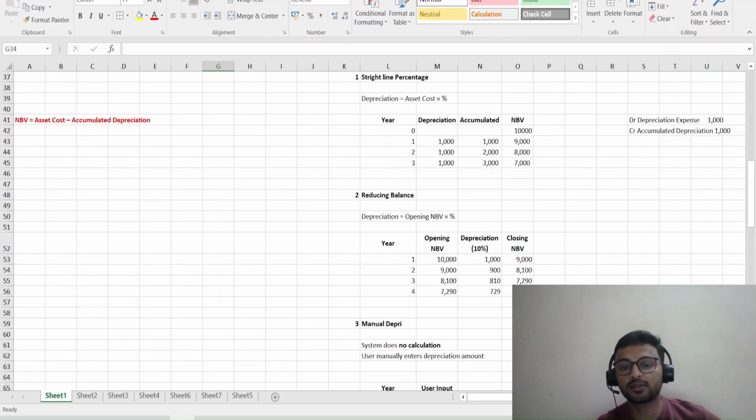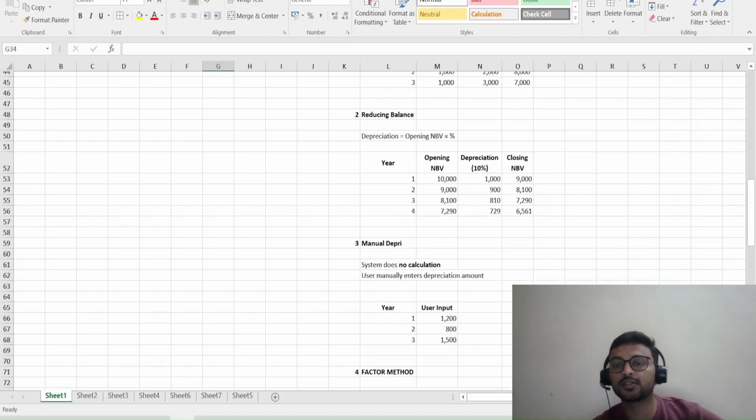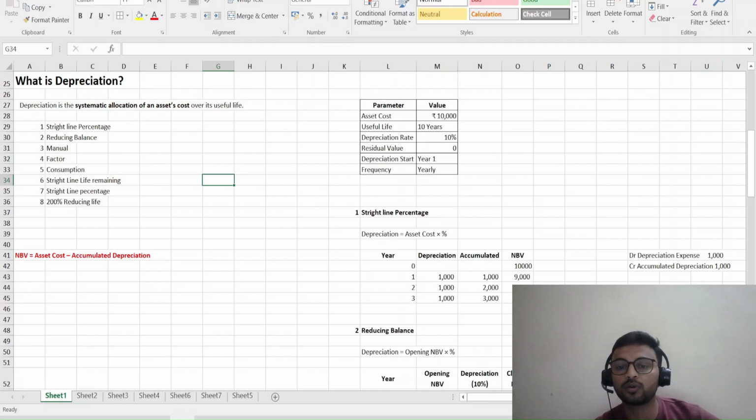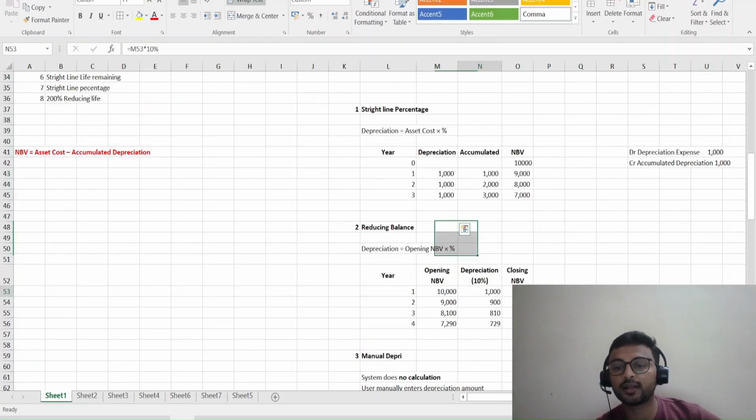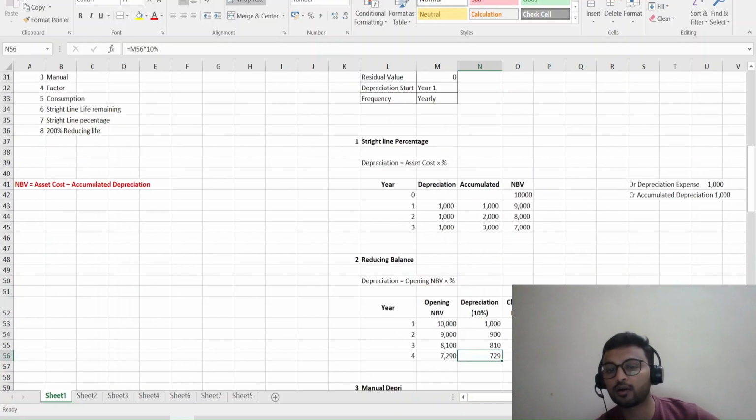The third one is manual depreciation, where the system will not calculate depreciation. If you select manual depreciation, you don't need to propose the depreciation. You can manually enter the depreciation and post it. What a depreciation proposal is, we'll understand in a later part of the video, but the system will auto-calculate the depreciation based on our setup.